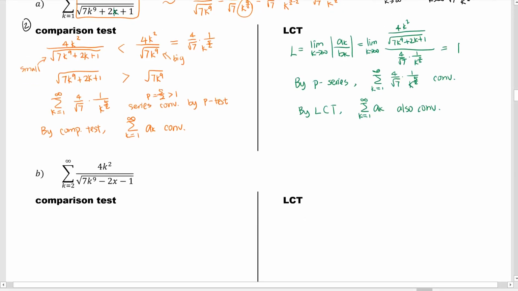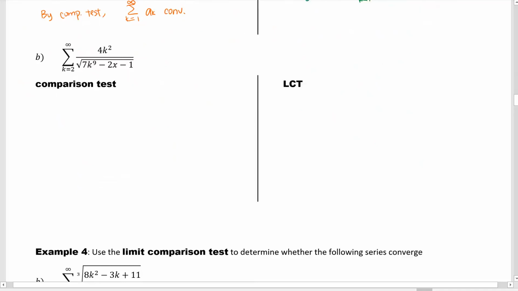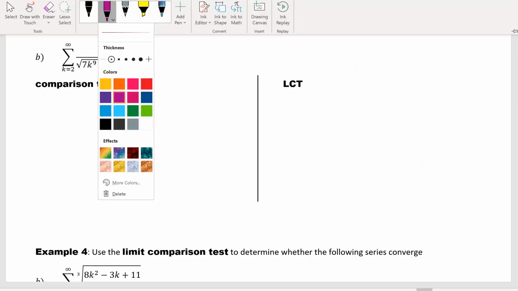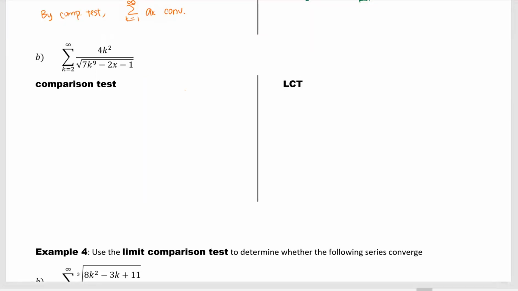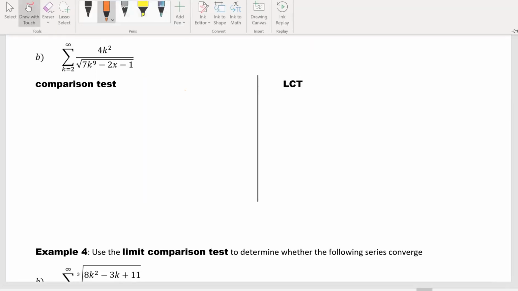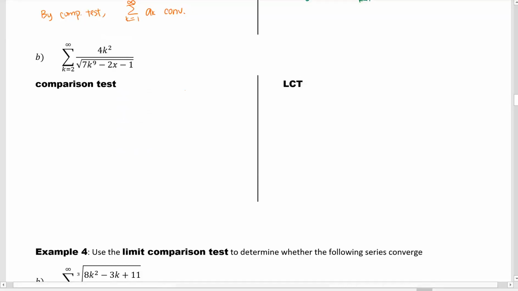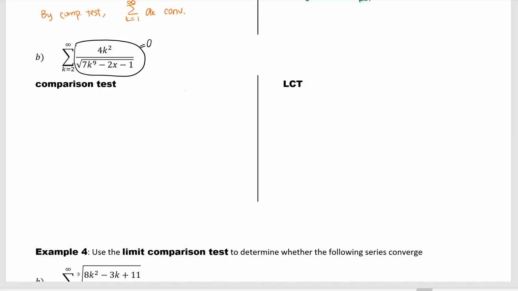So that is part A. How about part B? Okay, so part B, the first step is still the same, and this is a sub k. We compute the limit as k goes to infinity of a sub k.